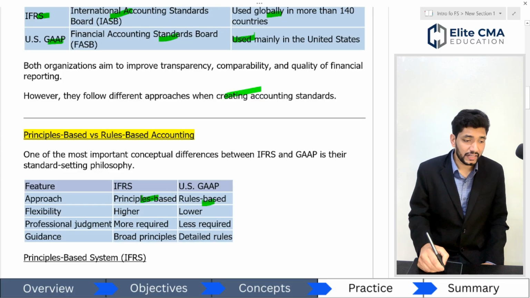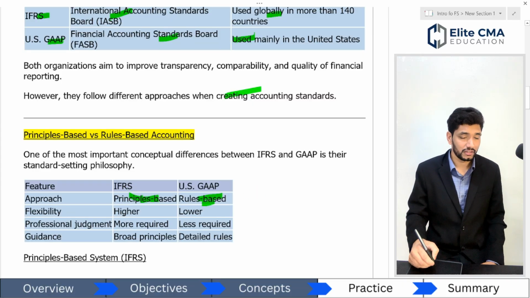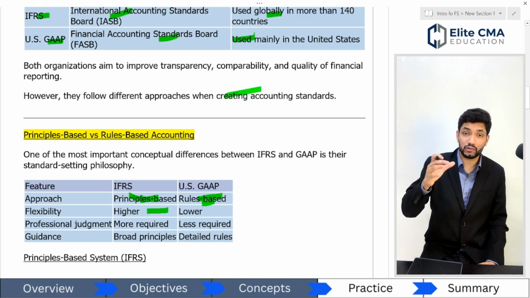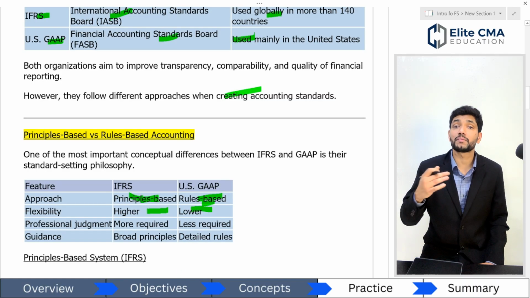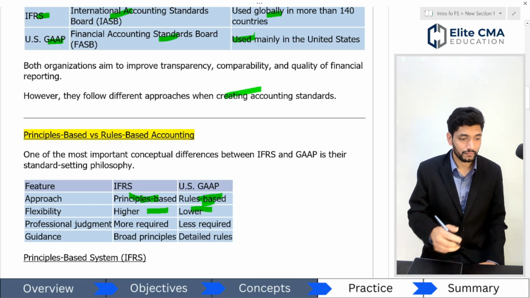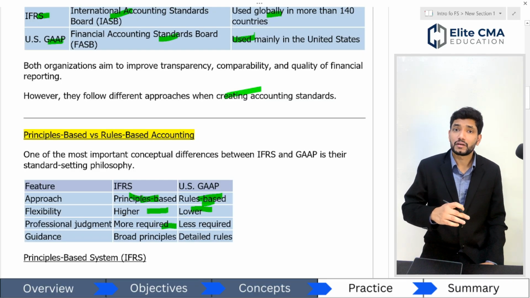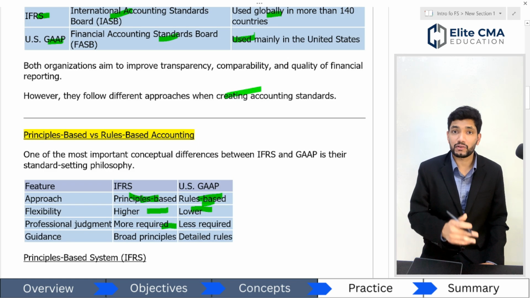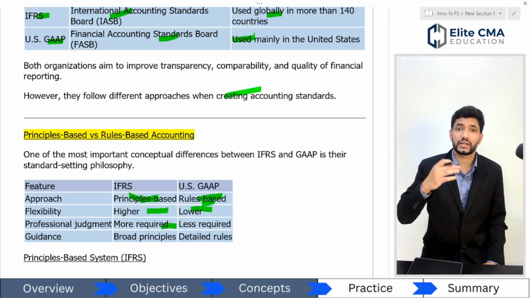IFRS is considered a principle-based accounting system and US GAAP is rule-based. When it comes to flexibility, IFRS has more flexibility because it is principle-based, while US GAAP is rule-based and doesn't have as much flexibility. On professional judgment, in IFRS more is required, but in US GAAP less is required because it is already rule-based; based on the rule, you select the accounting treatment.